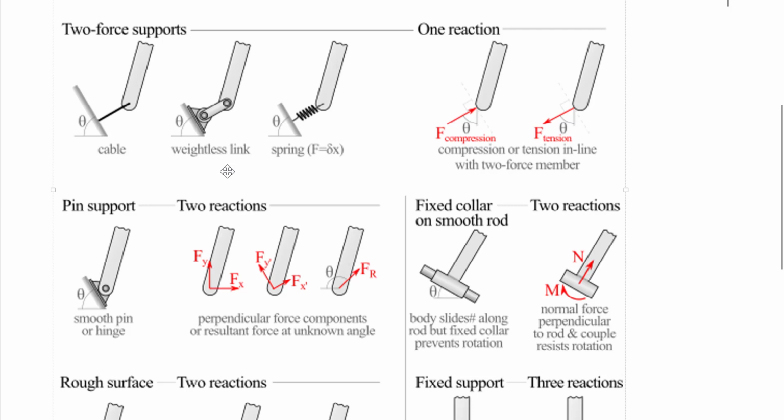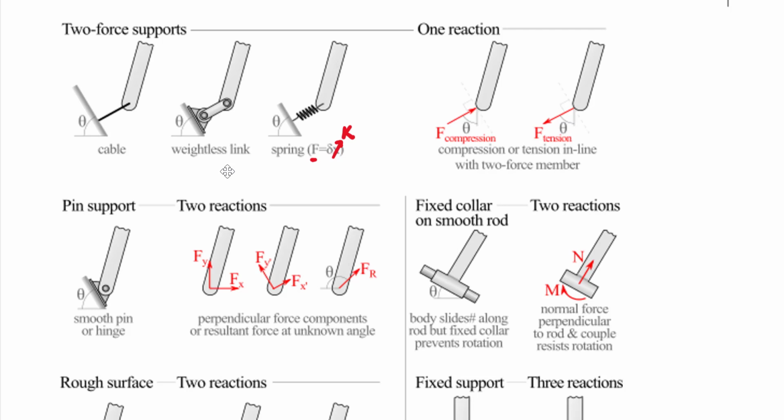I actually just found an error here. I like using delta for my displacement, and so instead of having delta times x, this should be delta times k, where k is the spring constant. Okay, k is your spring constant in force per length, and so if you multiply that force per length times a delta, where delta is the displacement from neutral, you end up with force per length times length equal to a force, so it gives you your force F. And this shows, of course, again, we have one single reaction force, very similar to our normal supports.